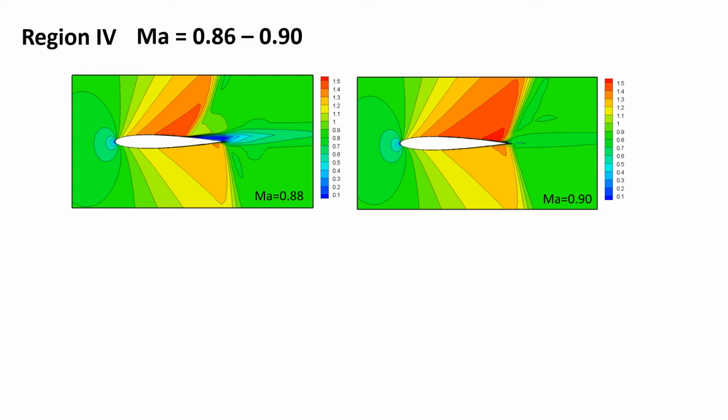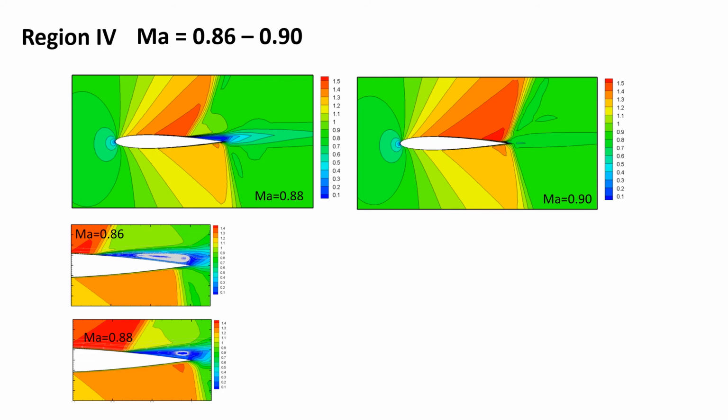And we can see at 0.88, there is a low speed region, a separation region after the shock wave, but since the shock wave will move towards the trailing edge, the separation will be removed. There won't be any separation at the trailing edge. So this is a benefit for the drag, and the drag will still increase, but with less gradient.